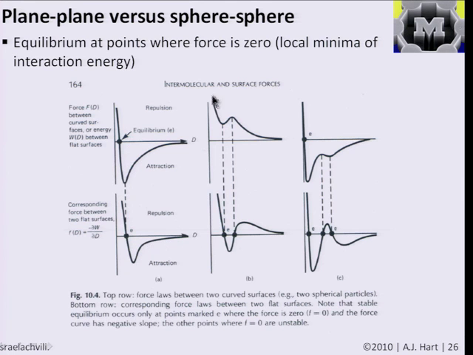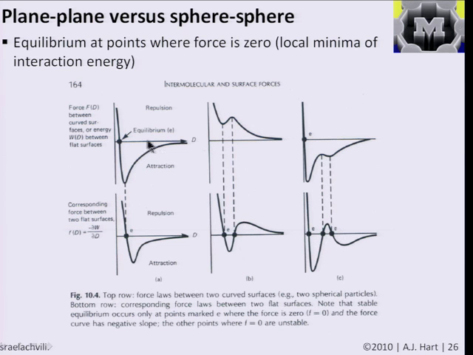And if we have a curve that starts out looking like this and we take a derivative like so, the first derivative will be 0 here and will be 0 here, and we'll end up with a relationship that looks like that. And then in the case of a curve like this, this curve can transform like that, where we'll have 3 equilibrium points corresponding to local maxima and minima in the interaction energy.